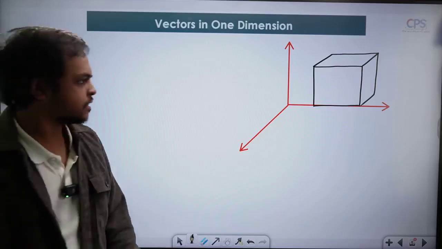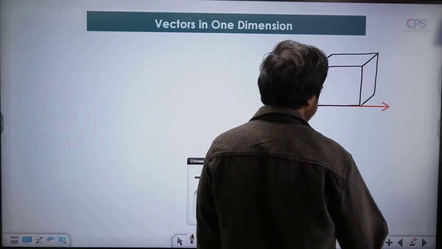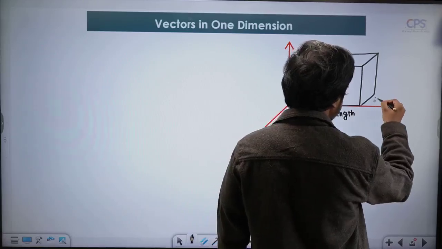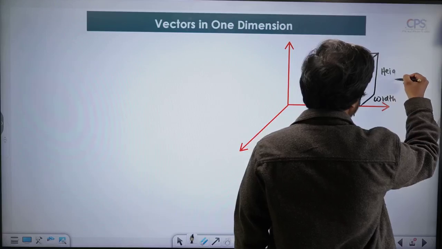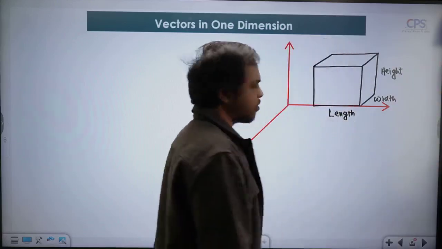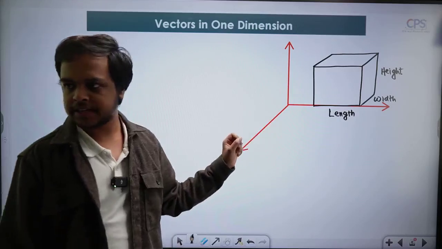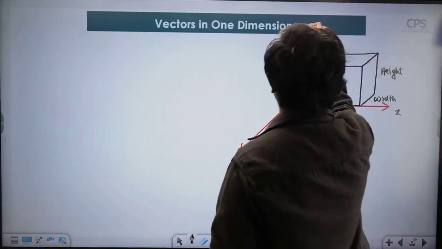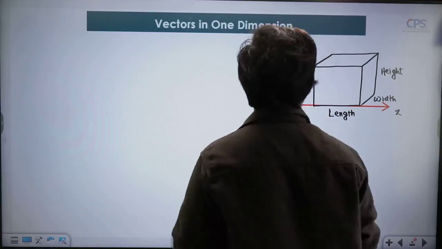Ever noticed it? There are three dimensions: there's a length associated with it, a width, and a height of the room. If we apply some mathematics on it, say this dimension is x, this one is y, and this one is z.